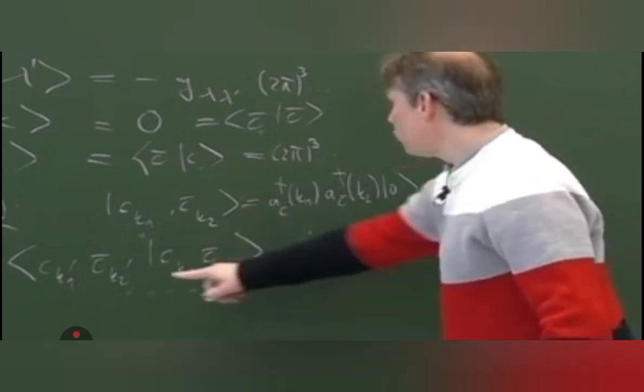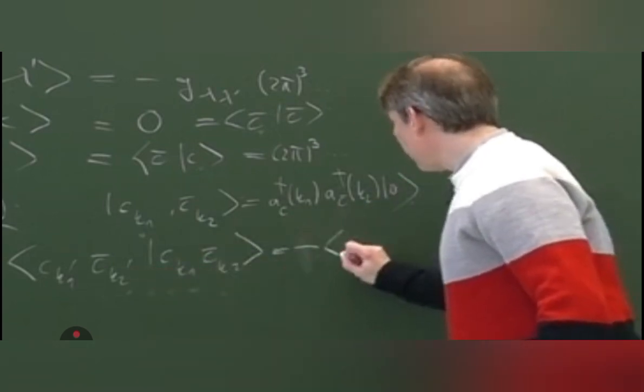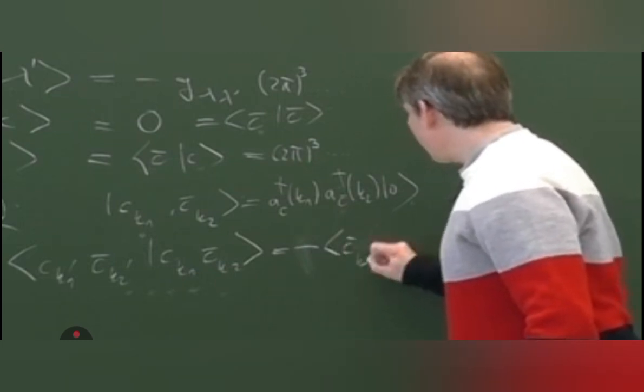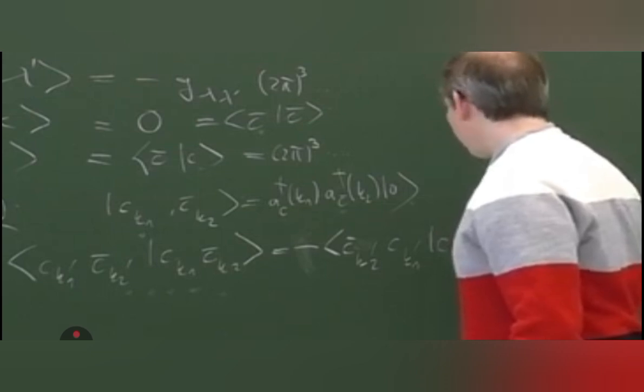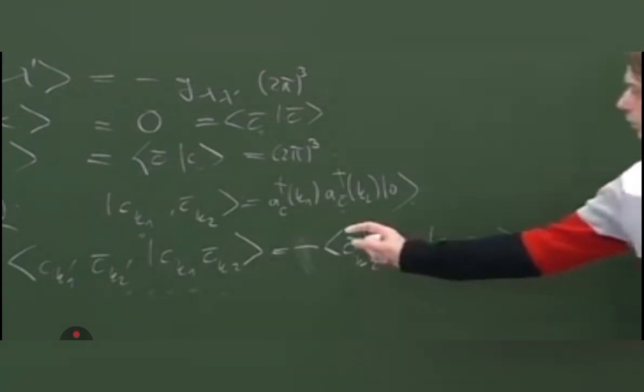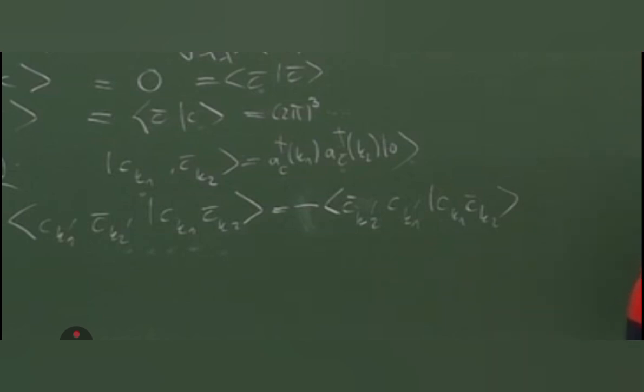So you can write this, for example, as minus C bar K2 prime, C K1 prime, and then C K1 C bar K2. So that's the negative of it, because I've flipped the order of 2 creation operators, and then this gives me a minus sign. And now if I look at the operator expression of this, then immediately next to each other there are the corresponding A's and A daggers, and I can immediately use those anti-commutational relations.